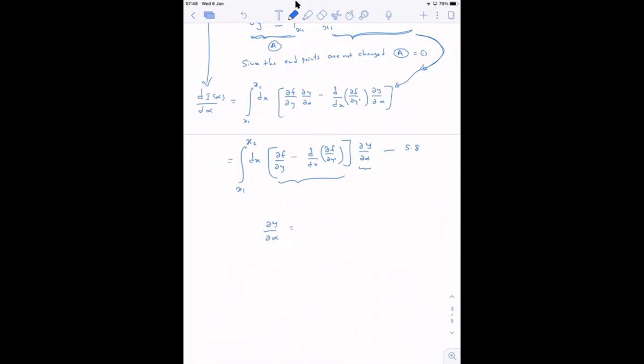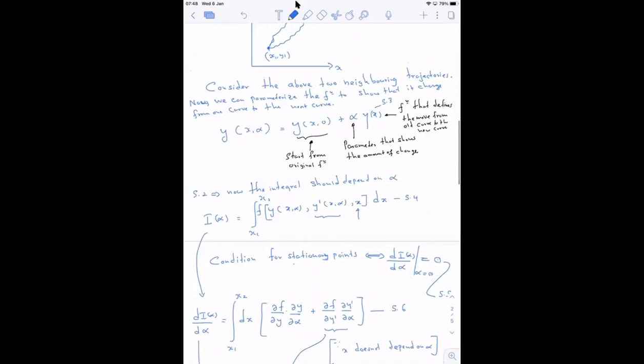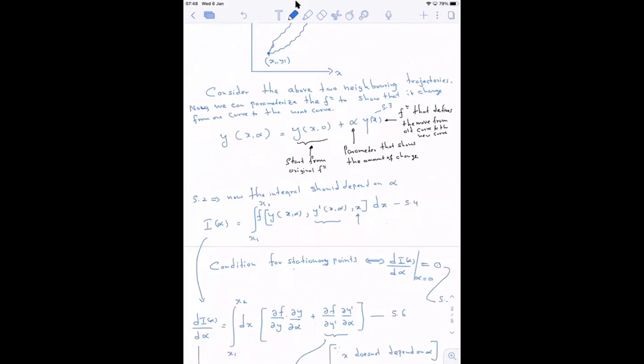What will be that value? This is not that hard, right? If you look at the very first equation, equation 5.3, what is ∂y/∂α here?